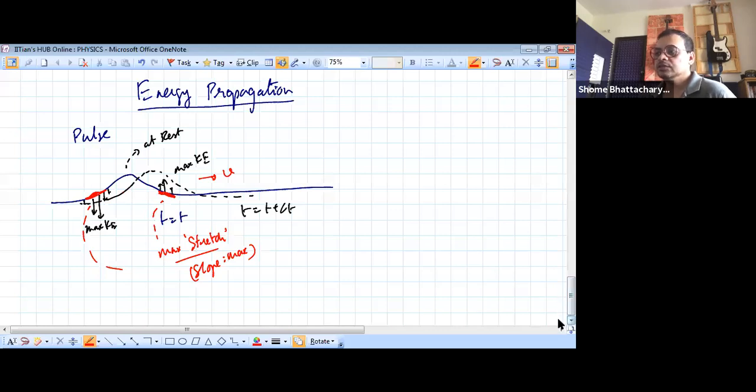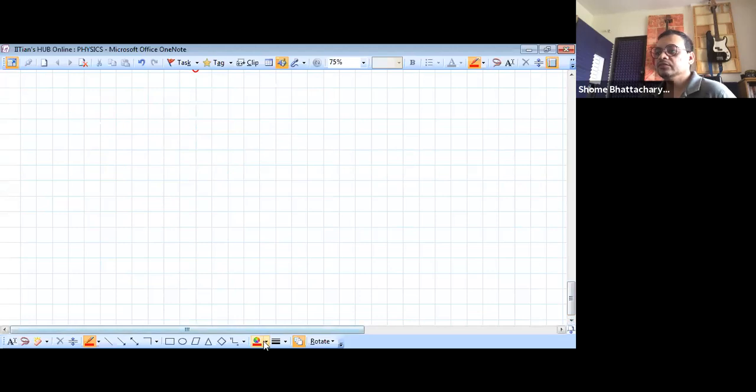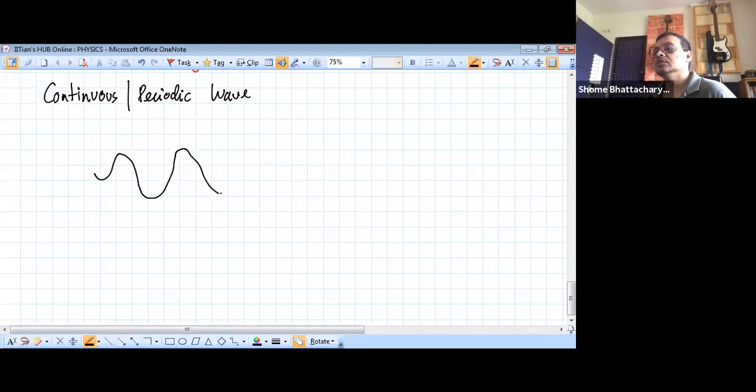Okay. So similarly, when you take the case of a traveling wave, continuous or periodic kind of wave. Okay. So at some instant, if the snapshot picture of the wave is like this.